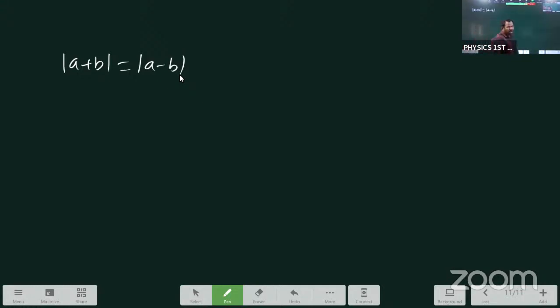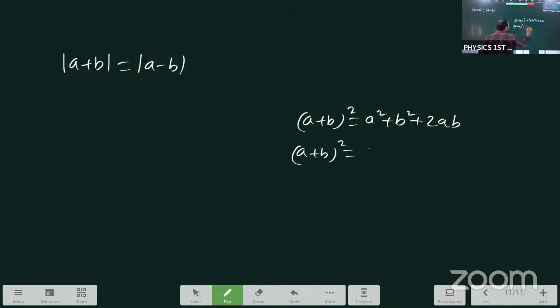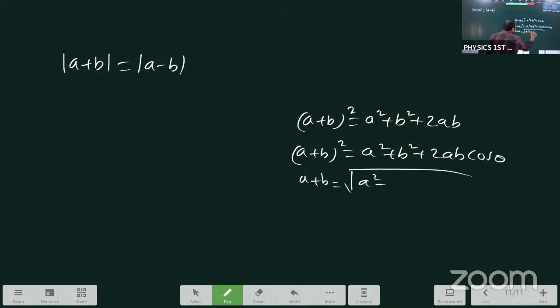When I was teaching the parallelogram law, I said A plus B whole square equals A square plus B square plus 2AB. Mathematically, you get A square plus B square plus 2AB. In physics, with the parallelogram law concept, we get A square plus B square plus 2AB cos theta, and the root of it. The extra cos component comes from the horizontal axis.